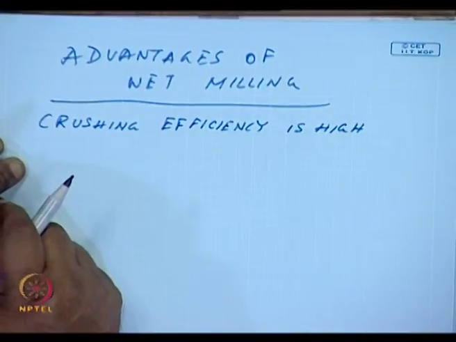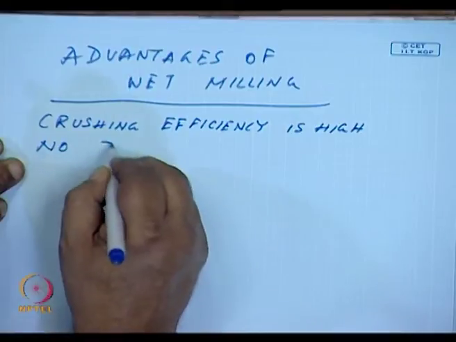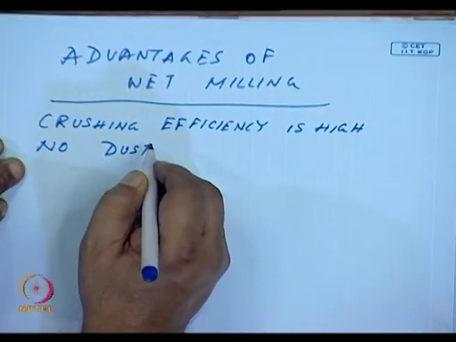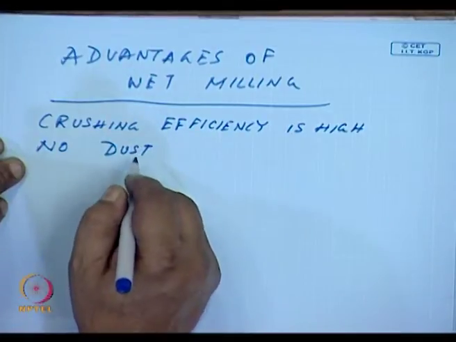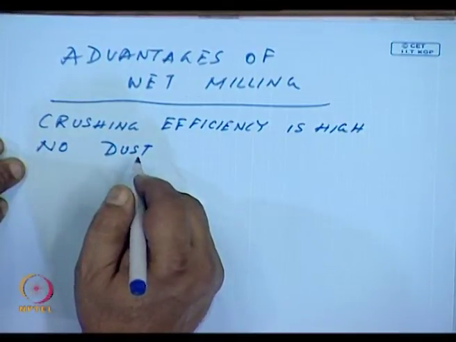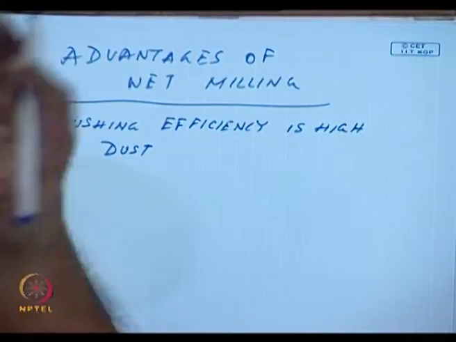The other major advantage is more related to personal health. No dust. That is one big advantage. You have seen the jaw crushers, rotary crushers on the wayside. Huge amounts of dust come in, personnel inhale it, and they might even get cancer.